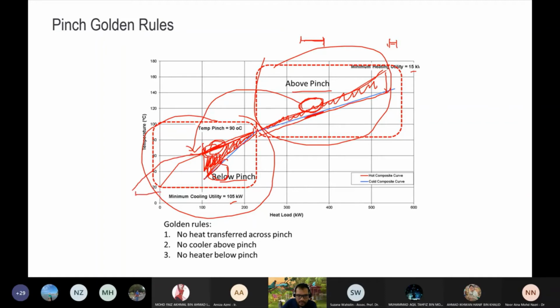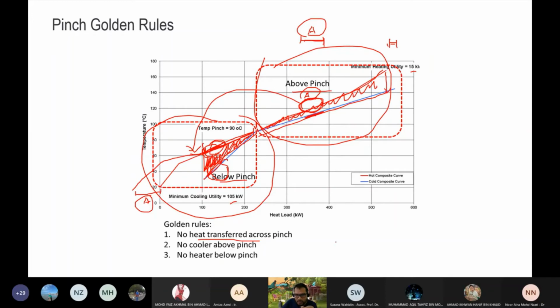So we have the same penalty over here. This amount of energy, say this A, is the same A that we took over here, and the same A that we have to pay there. So by having this heat transfer across pinch by A amount, we have to pay two A's. This is one A, and this is another A. So we have to pay one A at the top as heating requirement, and one A at the bottom as cooling requirement.